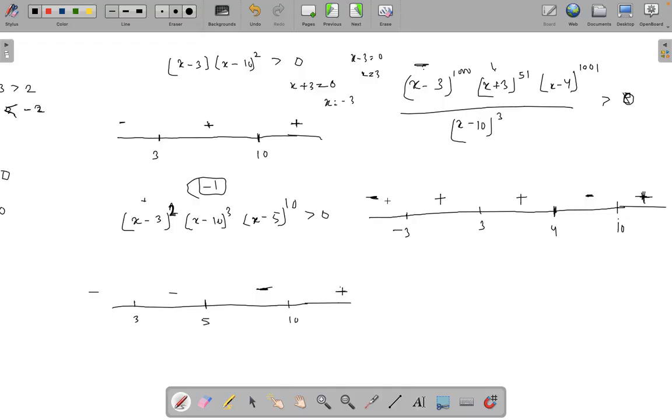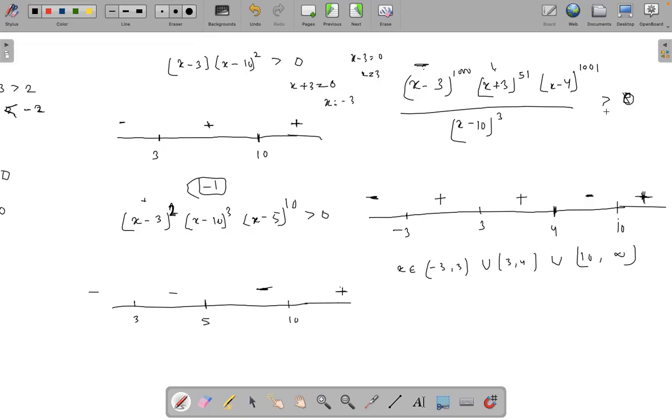Now when you mention the answer, x belongs to minus 3 comma 3, union 3 comma 4, or you can just write, because these two are both positive, minus 3 to 4, then union 10 comma infinity.